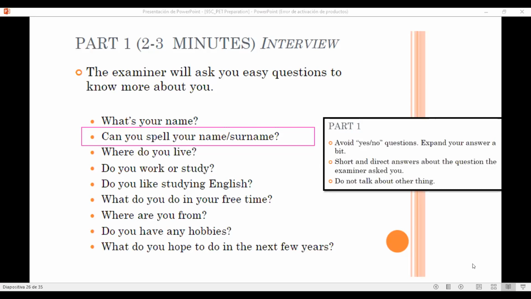Josie, can you help me answering question number 2? Can you spell your name, please? Yeah, teacher. Es de letra del nombre y el apellido, ¿verdad? Sí, ¿no? Just the name. Ajá.